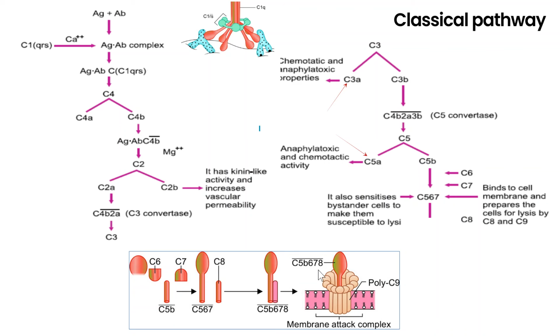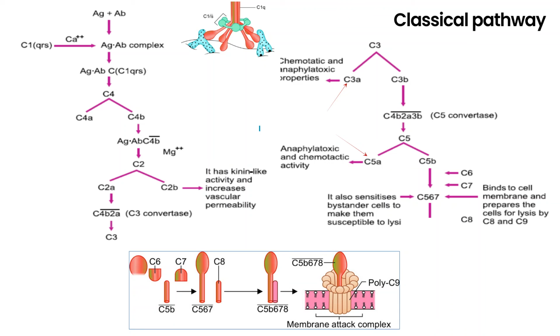And now you know the sequence: after 1 comes 4, then there is 2, 3, 4 is already utilized, so 5, 6, 7, 8 and 9. So it is very easy to remember. Don't try to mug it up. Which one is a smaller and larger fragment? I give you a clue that C3a, C4a, and C5a are anaphylatoxic and chemotactic molecules.